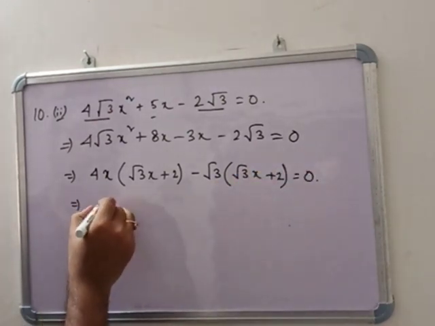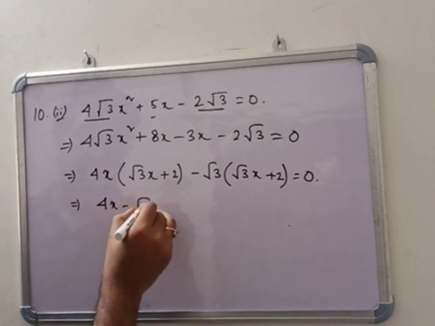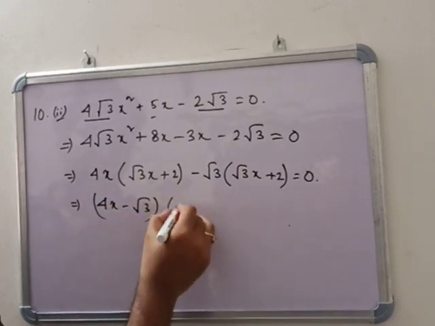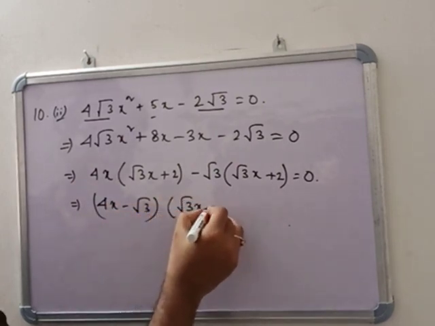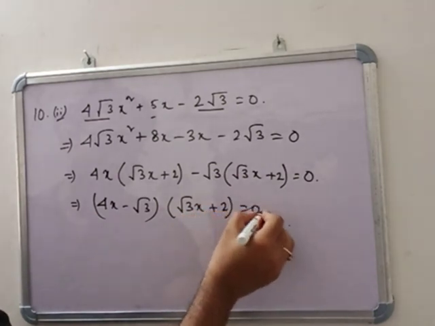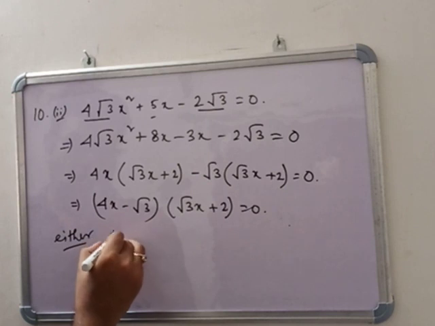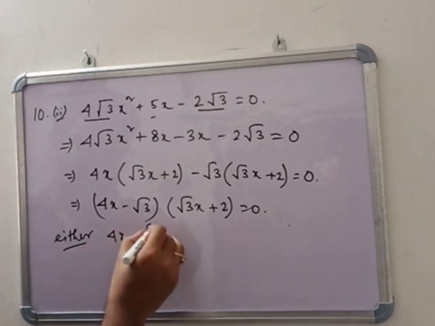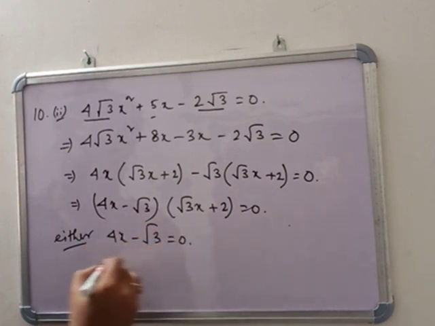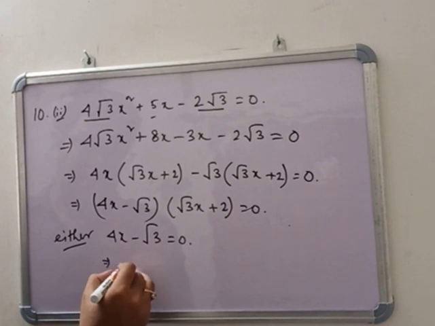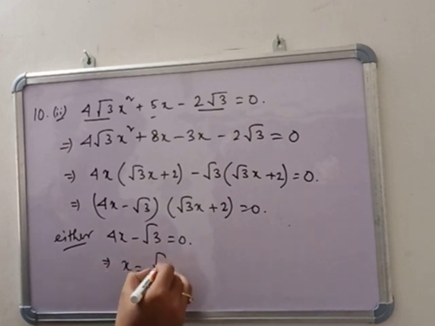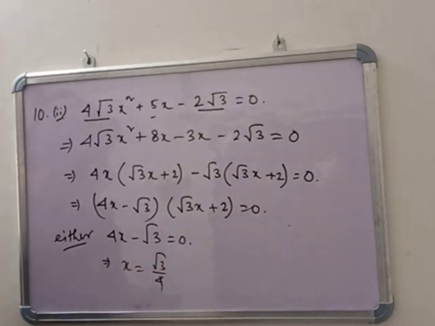That means 4x minus root 3 into root 3x plus 2 equals to 0. Either 4x minus root 3 equals to 0, that means x equals to root 3 by 4.